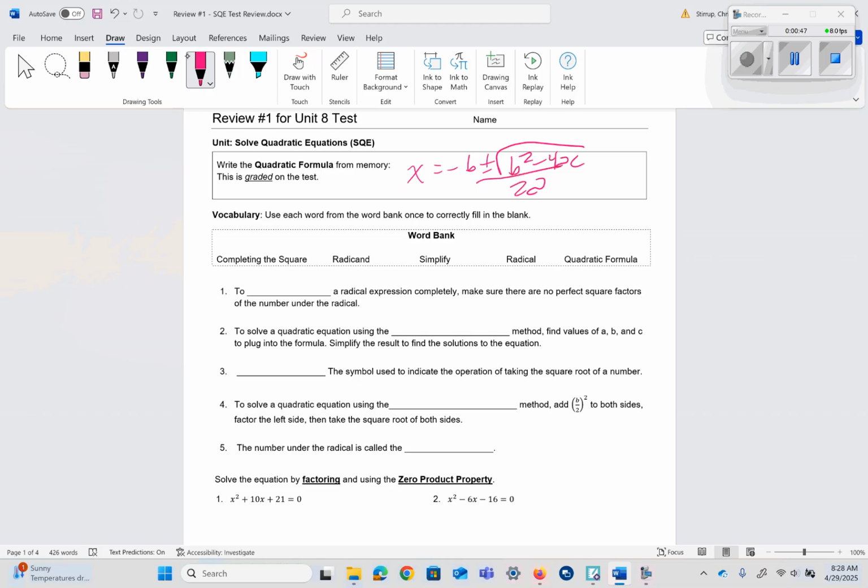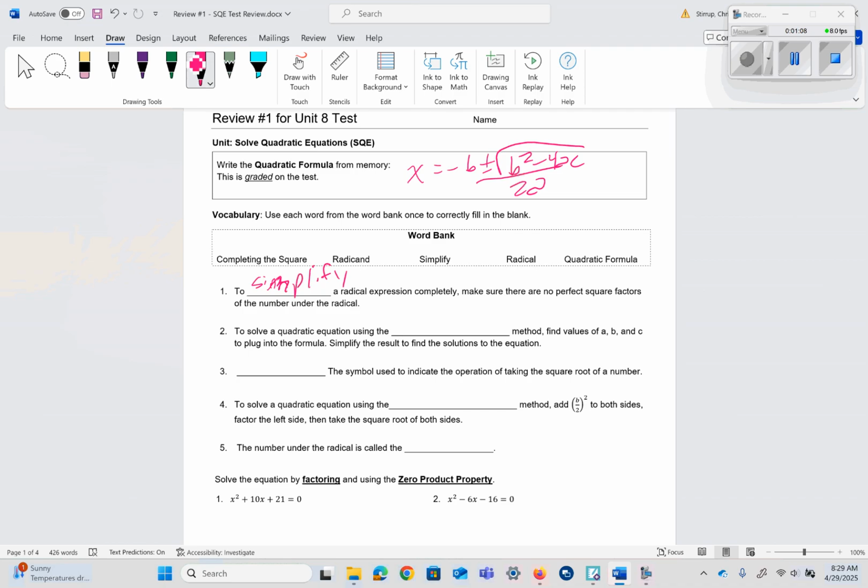All right. We're going to take a look at some of these words and plug them in. To blank a radical expression is to completely make sure there are no perfect squares of the number at the end. So to simplify. So you need to know these words, okay? So simplify.